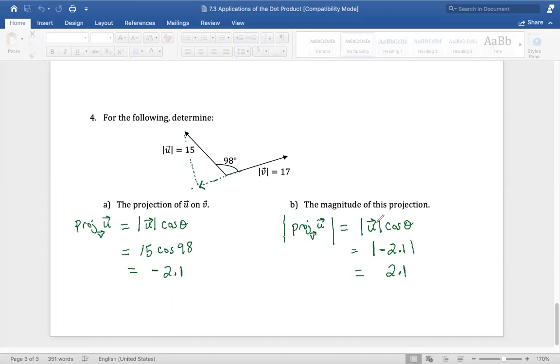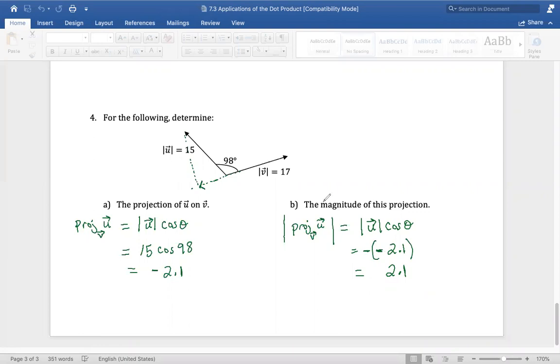So if I just had here, without the absolute value, without getting the magnitude, if I just had written down what my answer was here, negative 2.1, right? I'd have to multiply it by another negative to turn it positive.